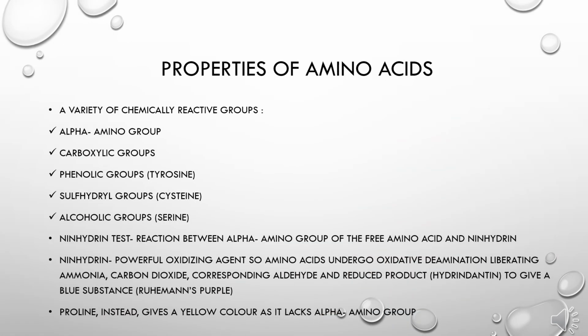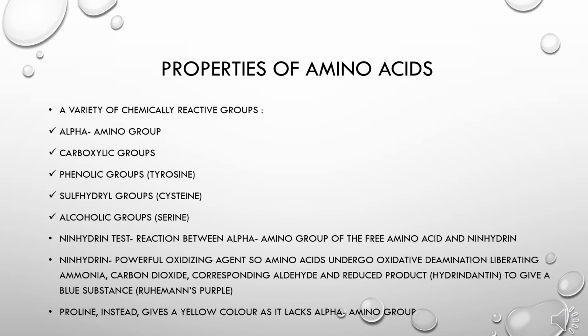Now, let us talk about some important properties of amino acids. Amino acids have a variety of chemically reactive groups: the alpha amino group, the carboxylic groups, phenolic groups, sulfhydryl groups, and alcoholic groups. One of the distinguishing tests for all amino acids except proline is the ninhydrin test, which is the reaction between the alpha amino group of the free amino acid and ninhydrin.